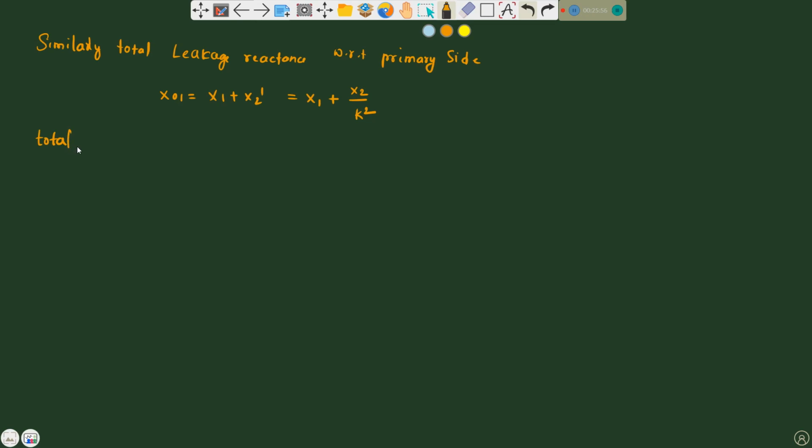That's it. So the total leakage reactance with respect to the secondary side, x02, will be x2 plus x1 dash, which equals x2 plus k square x1.